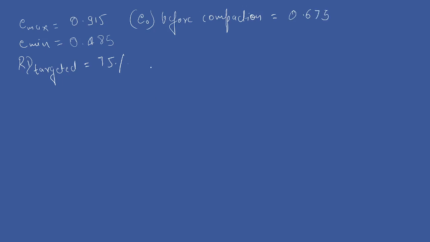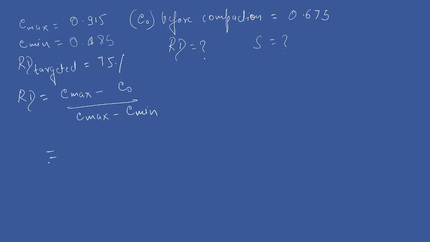First we need to calculate the relative density and then we need to calculate the subsidence. So first go for the relative density. The relative density formula is E max minus initial void ratio, divided by E max minus E minimum. E max we know, 0.915. E naught, the initial, is given as 0.673.